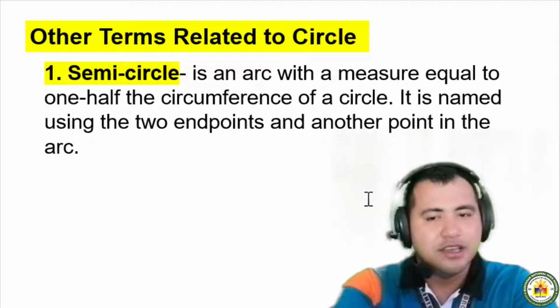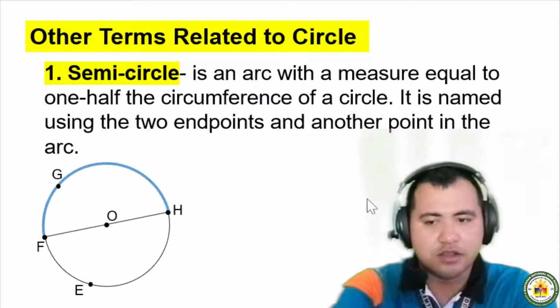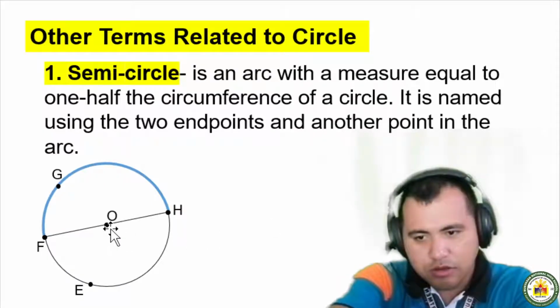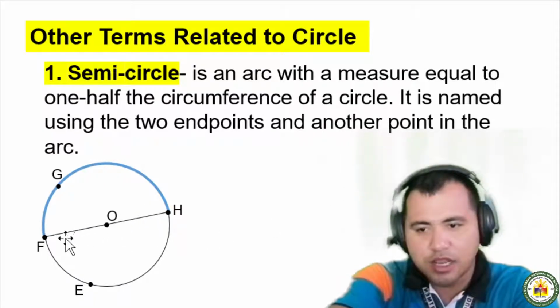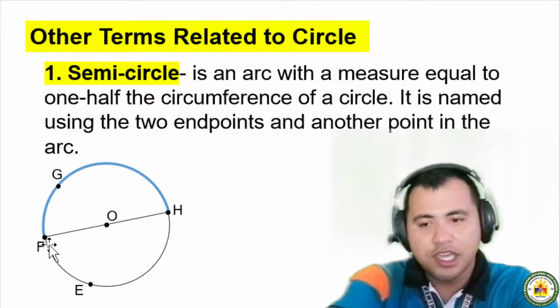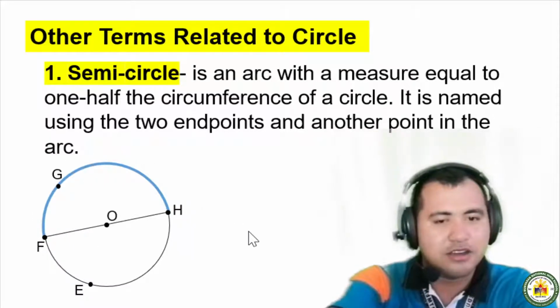It is named using the two endpoints and another point on the arc. For example, that one, we have circle O and the diameter FH. The diameter is the line segment FH. Gitunga. So, the endpoints of our diameter are also the endpoints of our arc.